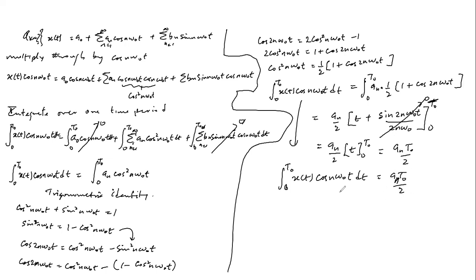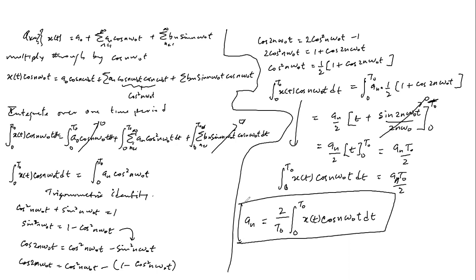So if we multiply through by 2 and divide all by T naught, that would be 2 over T naught times the integral from 0 to T naught of s of t cos n omega naught t dt is the same as a_n. Okay, so what is left? b_n.